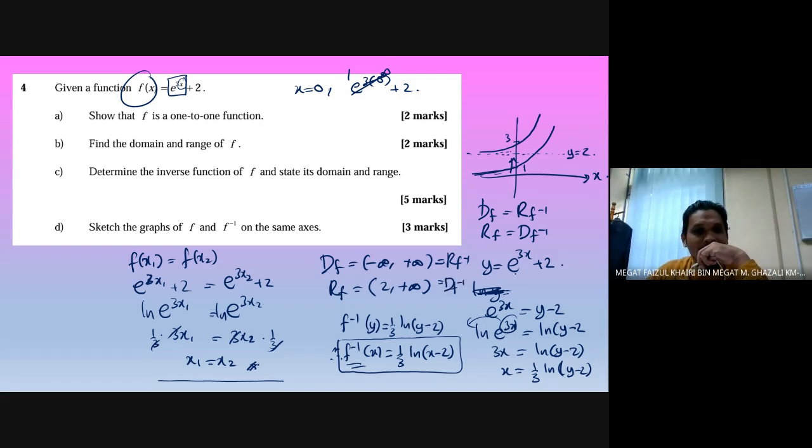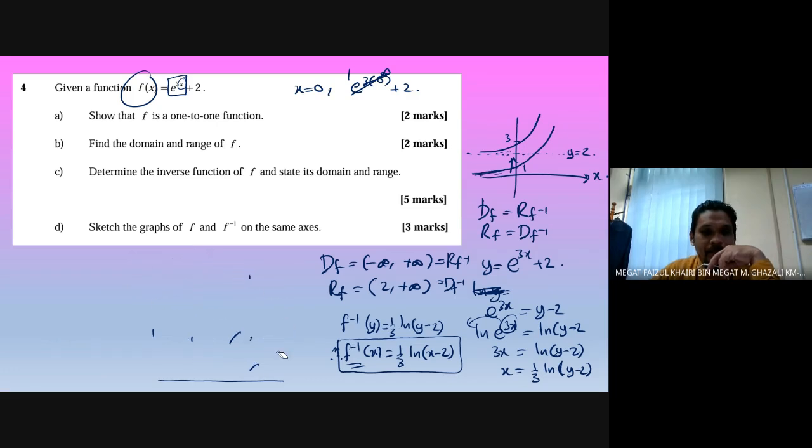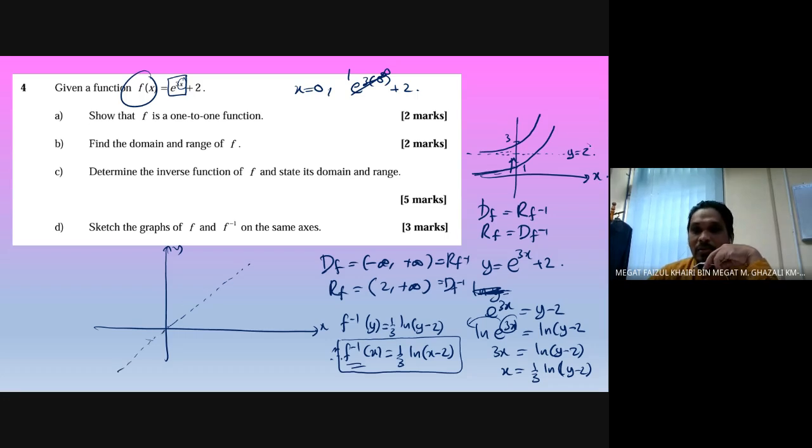There you go. Sketch the graph of f and f inverse on the same axis. Okay, so firstly, take this y equal to 2 and this intersection.